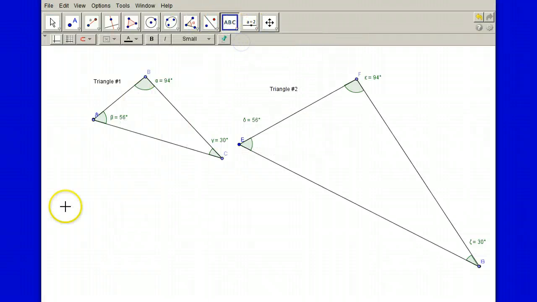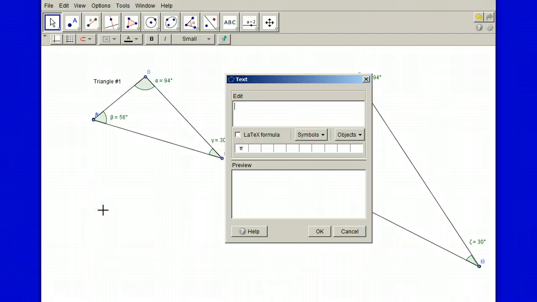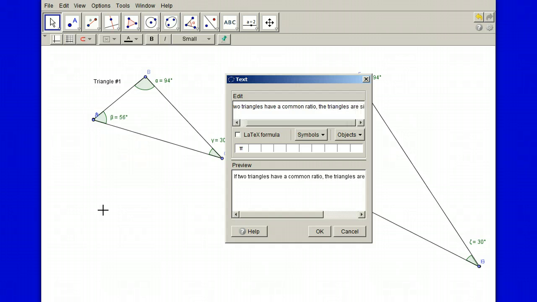So let's write that here. Here's our discovery. If two triangles have a common ratio, the triangles are similar.